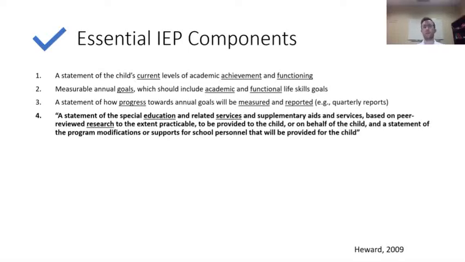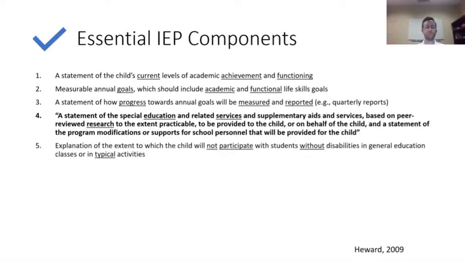That means scientific research, experiments essentially, published in peer-reviewed scientific journals like the Journal of Applied Behavior Analysis, Behavior Modification, Behavioral Interventions, Developmental Neurorehabilitation, and I could go on. Education and Treatment of Children.